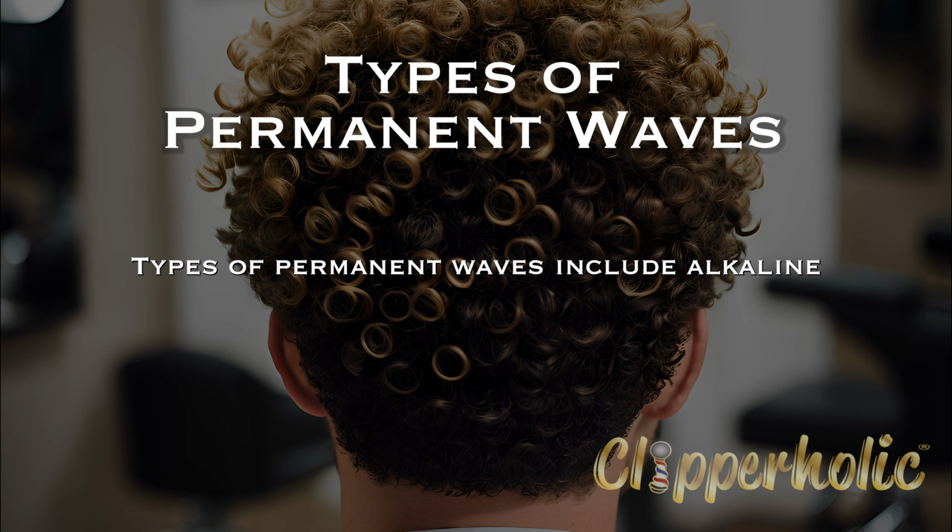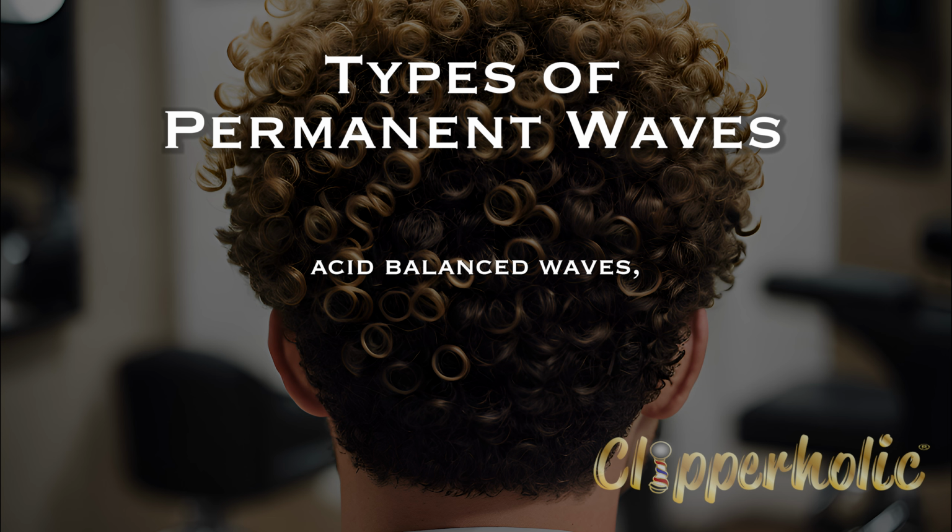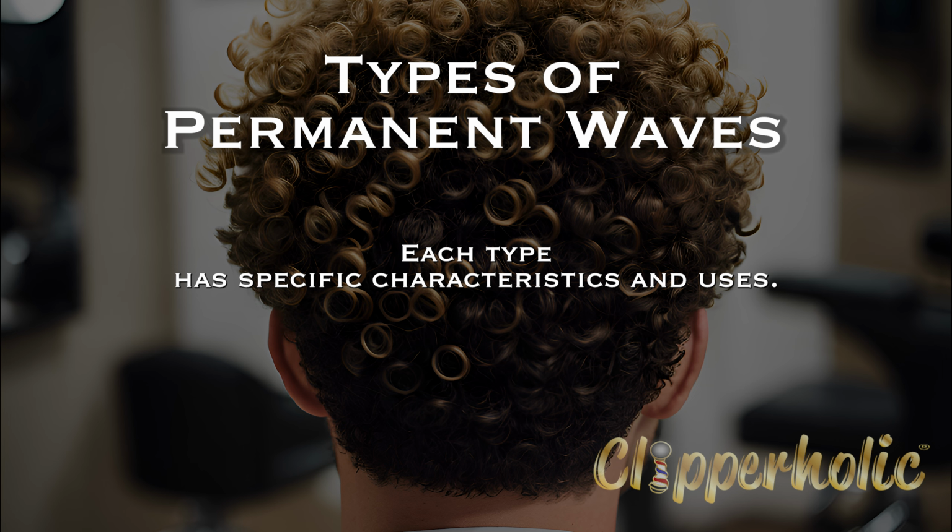Types of permanent waves include alkaline perms, true acid waves, acid balanced waves, exothermic waves, ammonia-free waves, thiol-free waves, and low pH waves. Each type has specific characteristics and uses.